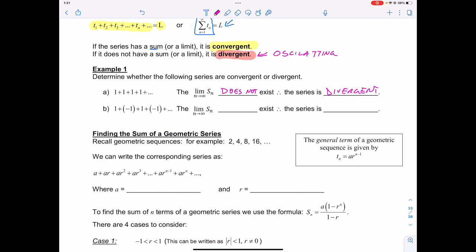If I combine 1 and -1 and 1 and -1 going on forever, it's just going to keep jumping between a sum of 1 and a sum of 0, which means that, once again, this does not exist because it is oscillating, which in this case is going to be a divergency.